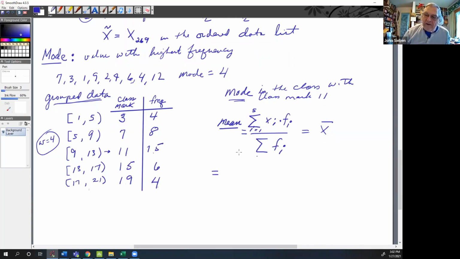So what is this telling me? This is telling me that I need to take x1 times f1. That would be 3 times 4. So 3 times 4, and I'm building the numerator here. It's a summation, so I say plus. I let i be 2, 7 times 8. You move on. 11 times 15.